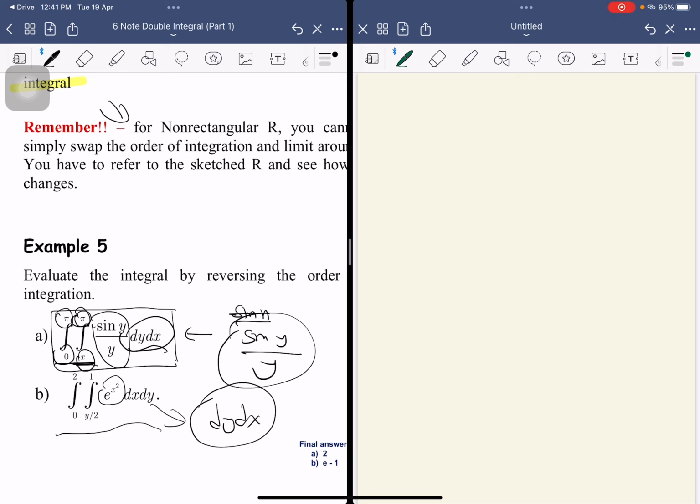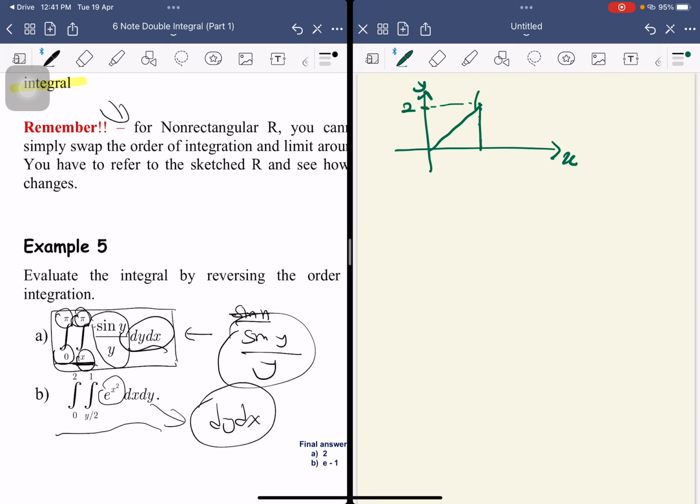If we sketch the region based on the limit, using the same concept, you're going to get x, and y over here. We have x equal to y over 2, and then we also have x equal to 1, and over here is going to be 2.